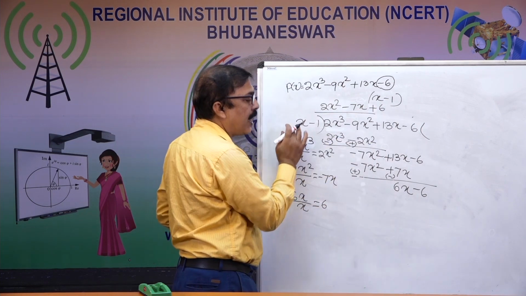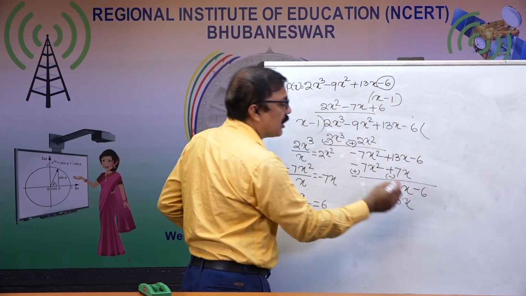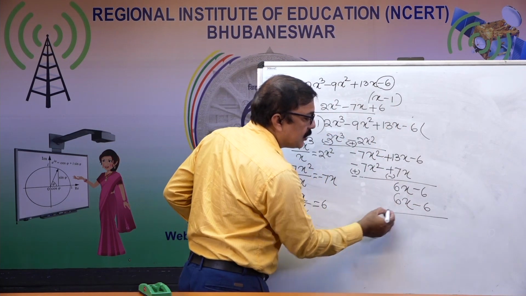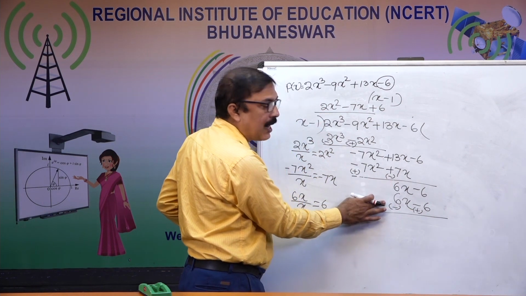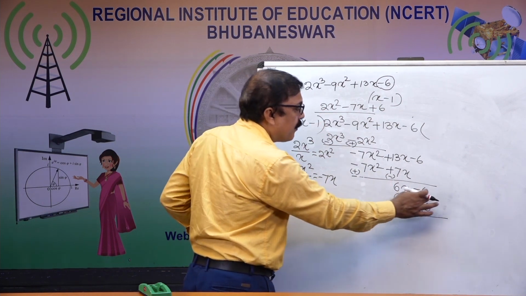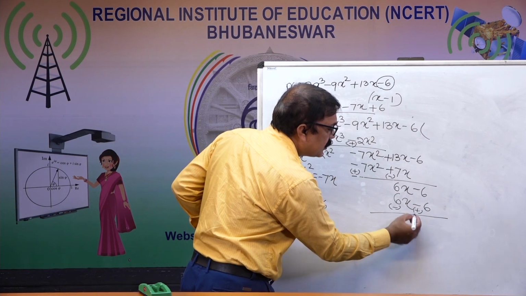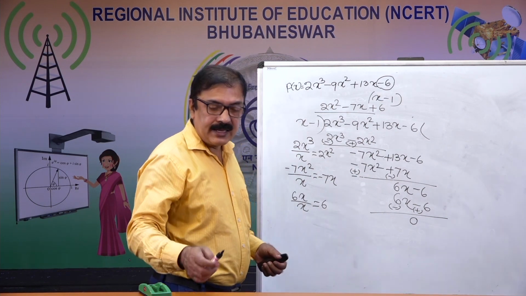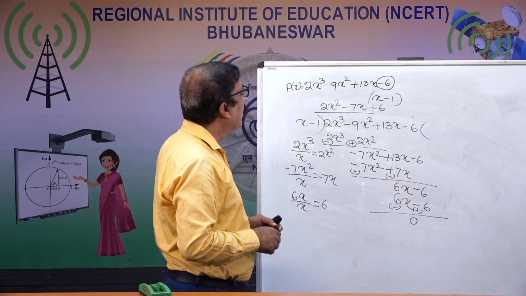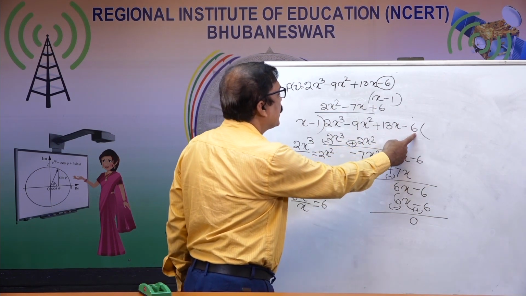So 6 into x gives 6x, and 6 into minus 1 gives minus 6. So by changing the sign, we get 6x minus 6x is 0, minus 6 plus 6 is 0. So this becomes 0.